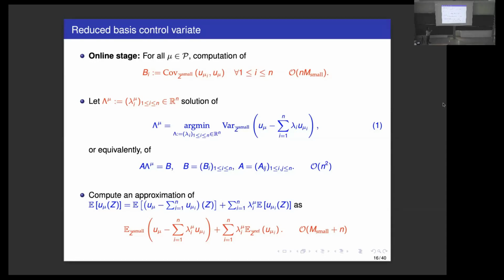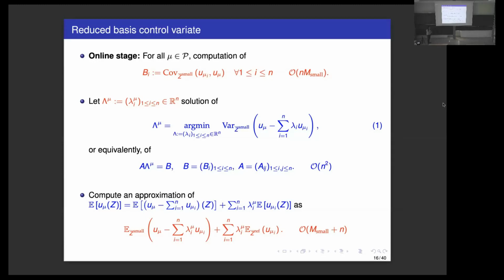Then you compute coefficients lambda I mu, n scalars which are solution to this minimization problem. It can be shown very easily that lambda mu is solution to this linear problem, where the A matrix I computed in the offline stage appears.